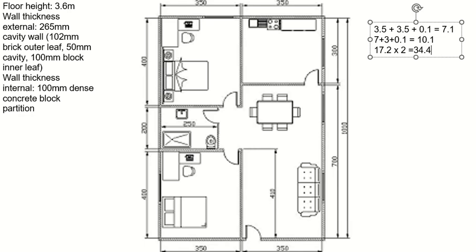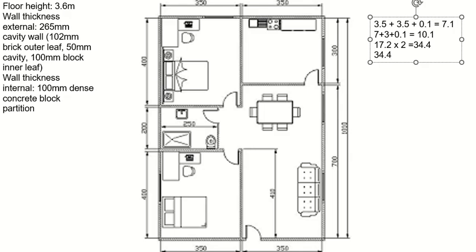Internal is 100 millimeters. So like what we have been doing, I have 34.4 plus 4 corners, 2 walls. I'm adding because I'm already inside.